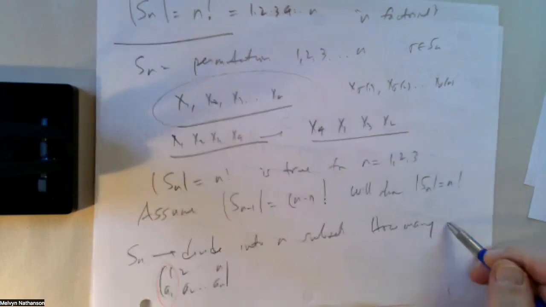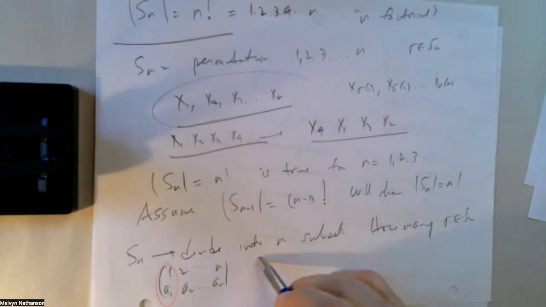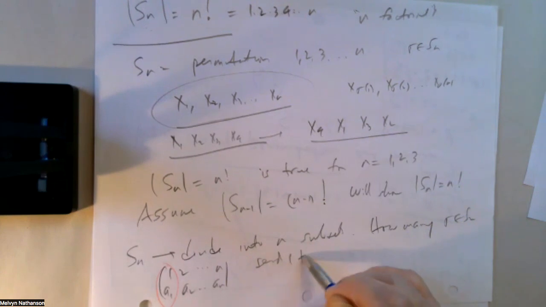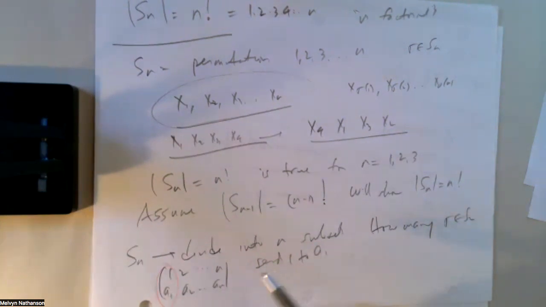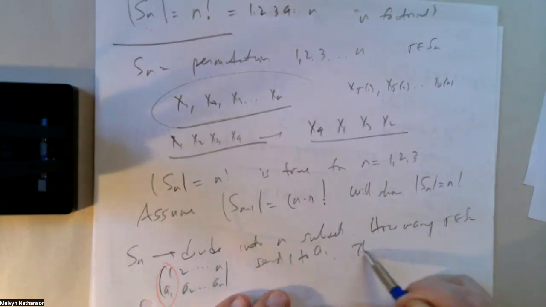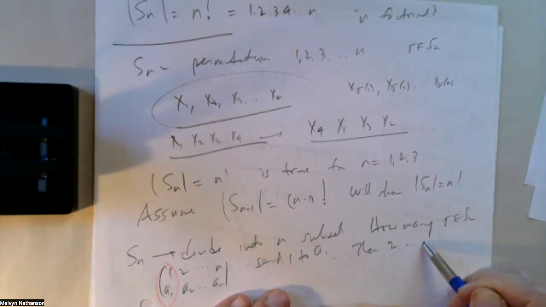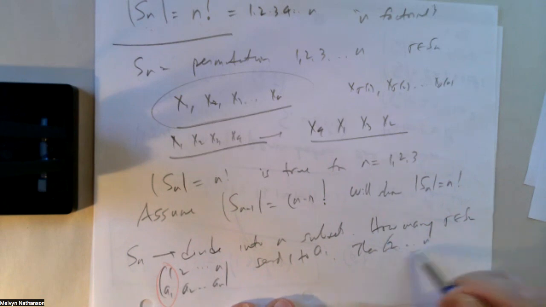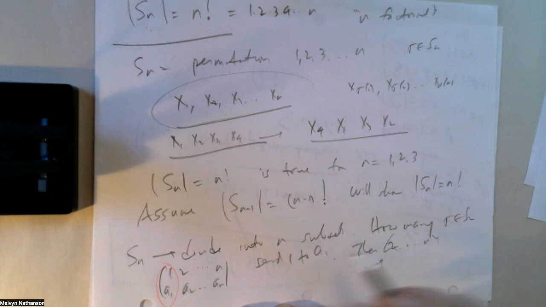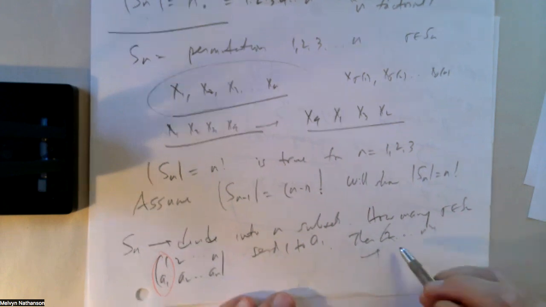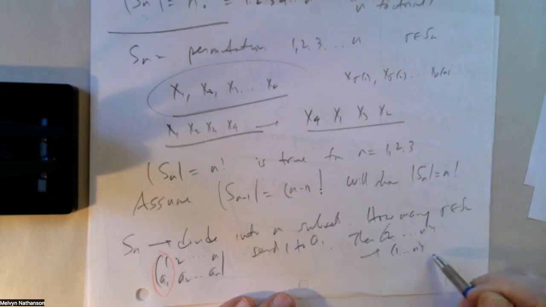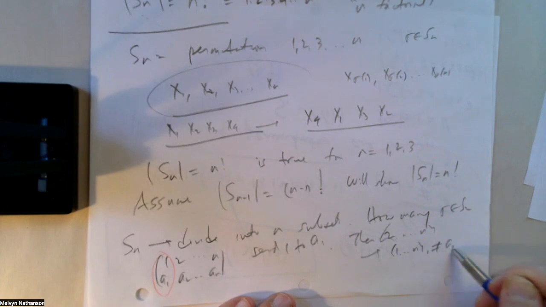So how many permutations send 1 to some number A1? Well, if 1 goes to A1, then 2 up to n get mapped into all the numbers different from A1, all the numbers from 1 up to n that are not equal to A1.